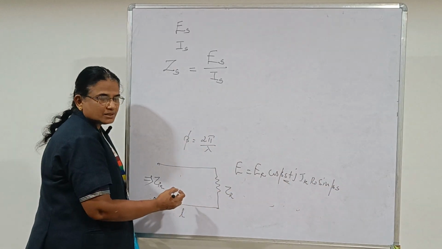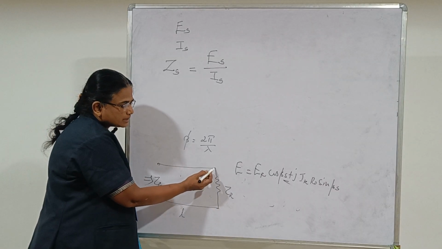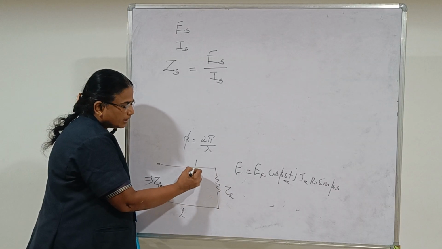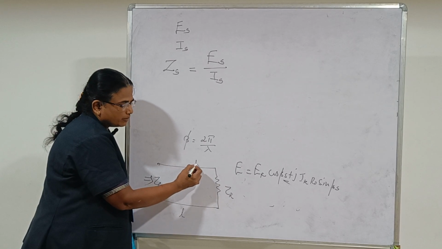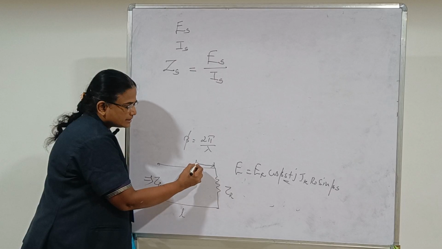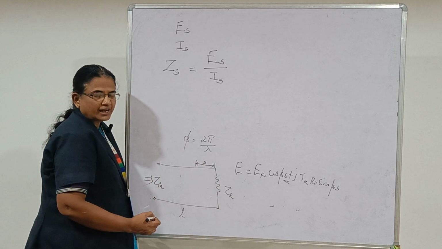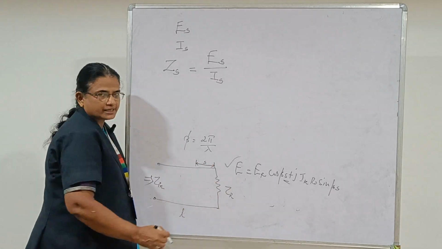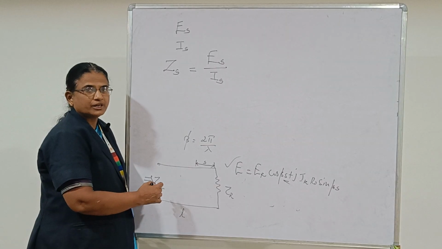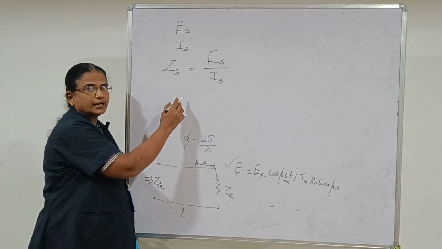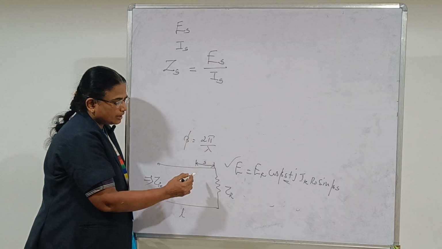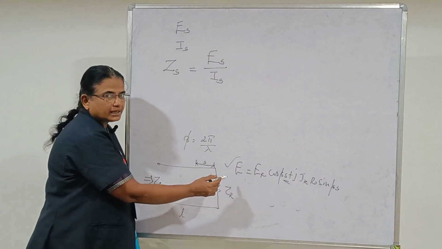S is the distance measured from the receiving end to the point of observation. Let us assume that here is the point of observation and this distance is taken as S. Actually, this is for the general case. Now, specifically here we are going to derive the input impedance, which is the sending end impedance for a dissipationless line. Here, we need to apply the condition.